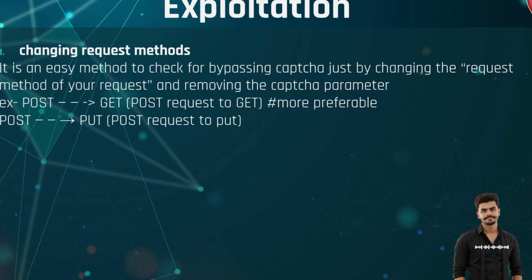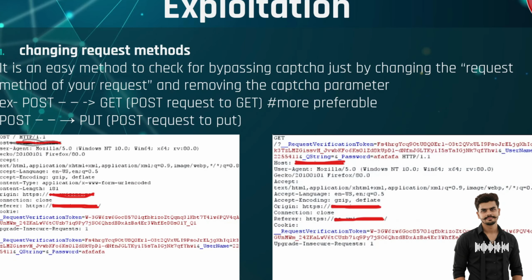Even by changing the method, we might be able to bypass the CAPTCHA. This is a small image of CAPTCHA bypass using changing request. You can see the left side image is of the POST method, where it's verifying the request, and if you turn it into a GET request and send the request, it might be able to bypass the validation.